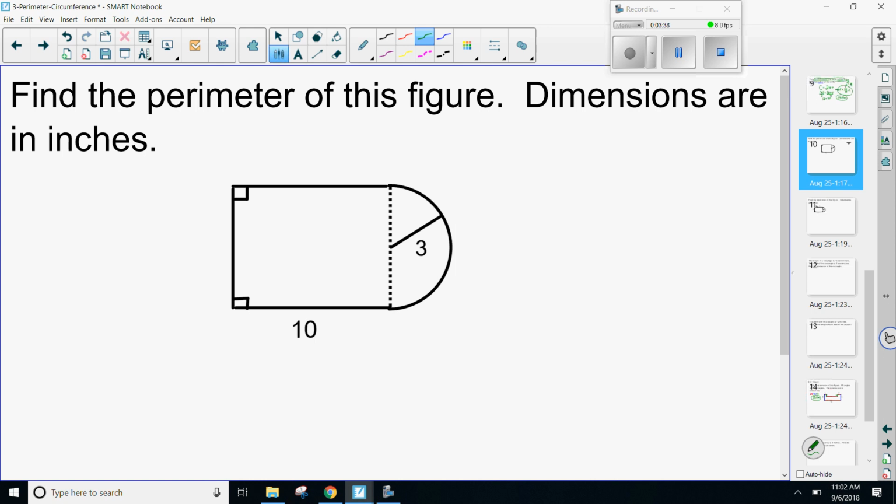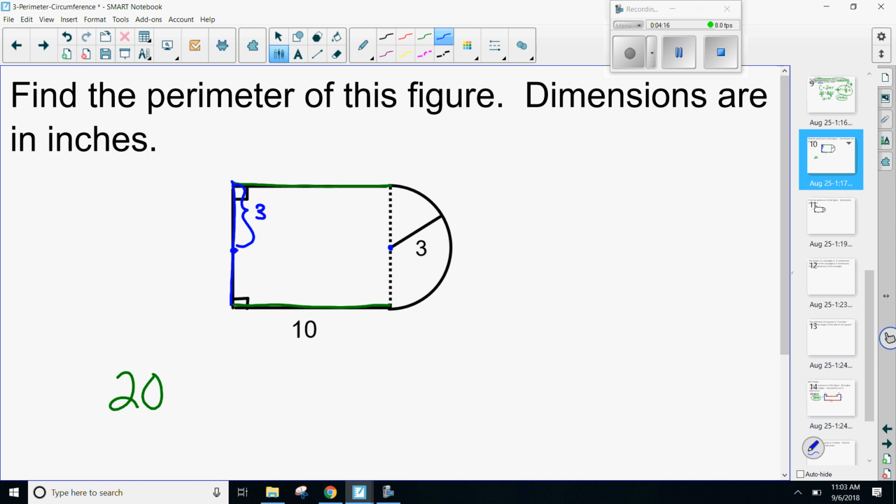So as we go about finding it, the two segments that I am highlighting right now in green, what is the length of each one of those? 10. So their sum is 20. So right now I have 20 that I want to put in my perimeter. Now I have another segment, this vertical segment right here. Is it a length of 10? No. Some of you said it was 10, but it's not 10. If I were to take this point right here and move it over here, what's the distance there? 3.